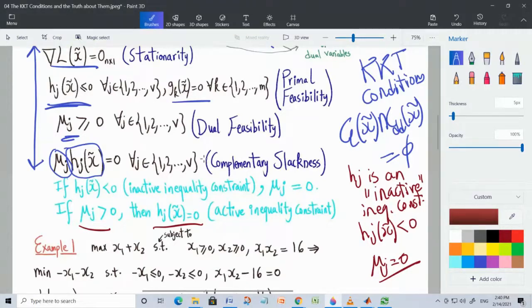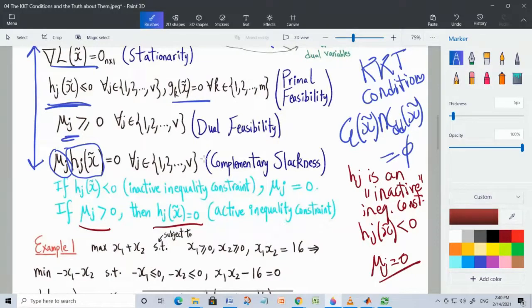Again, we have two cases. In one case, the inequality constraint is inactive. This function is strictly negative, and then to include it in the Lagrangian, we should have μ to be 0.